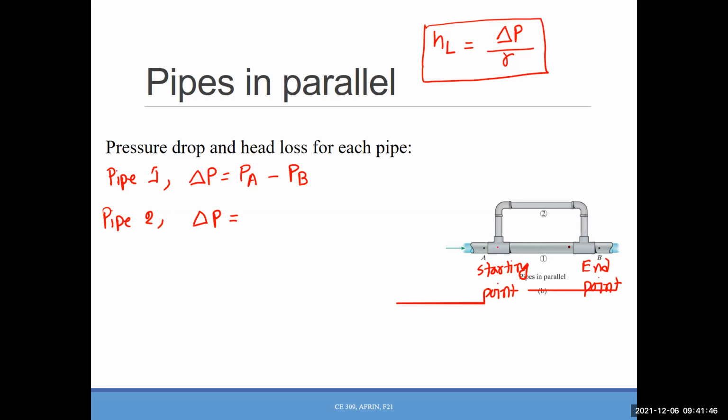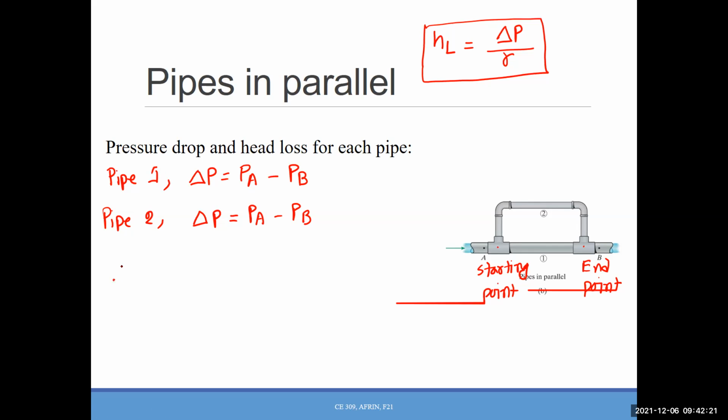This is the starting point and this is the end point. So what is the pressure drop for pipe 2 also? The same thing. If I added hundreds of other pipes in between A and B, their pressure drop will be what? Same. That simply tells you when pipes are connected in parallel, the head loss inside each pipe is actually the same, because it is connected between 2 points, and head loss always happens between 2 points.